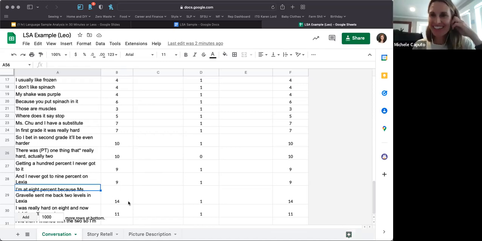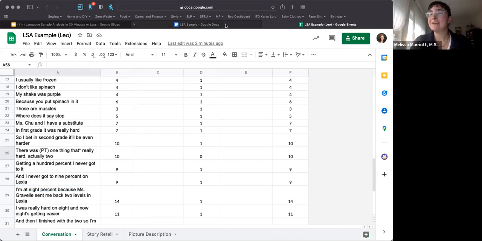It's misbehaving. Okay. Well, in any case, the mean length of utterance calculates for you at the bottom based on a default of 50 utterances. If you're opting to do one of the shorter analyses, all you have to do is go to the bottom where it says total number of utterances and just change the number.